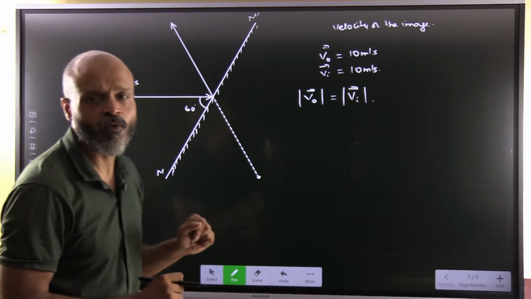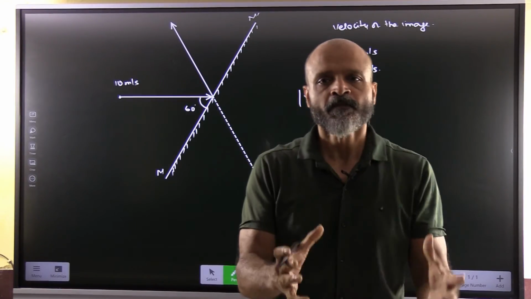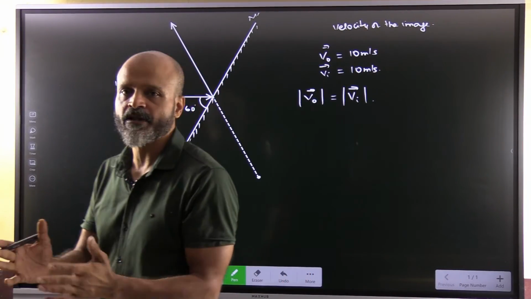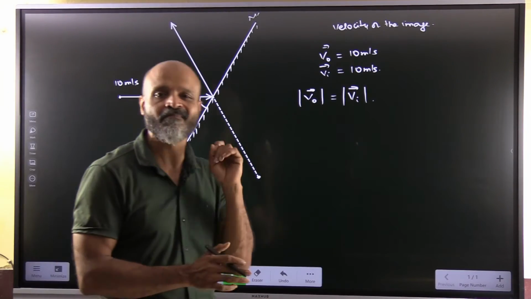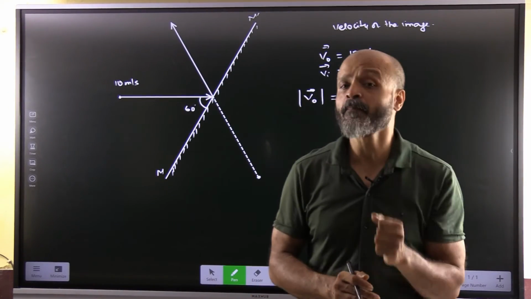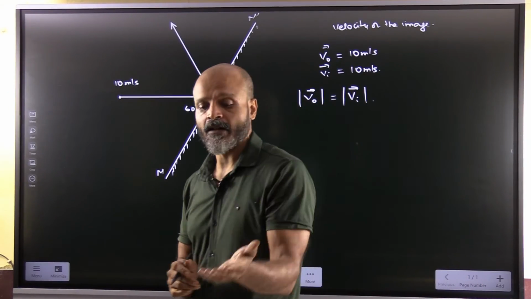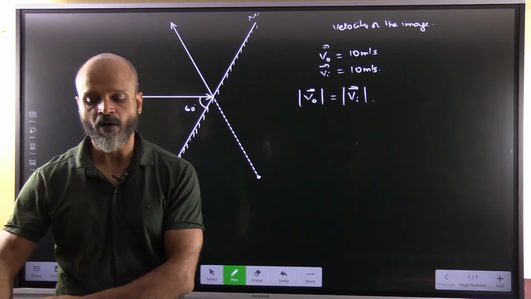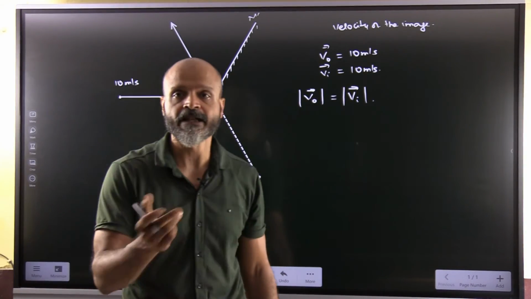This is very much true, because the distance of the object will always be equal to the distance of the image in case of plane mirrors. So obviously if we differentiate it with time, the velocity of the object will always be equal to the velocity of the image in case of plane mirrors.